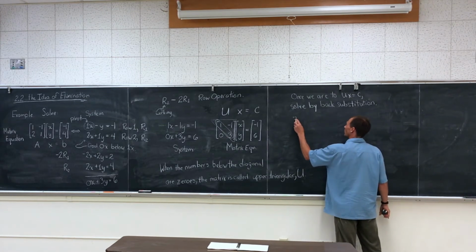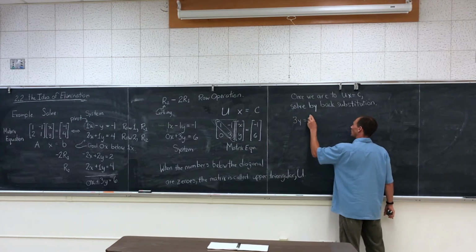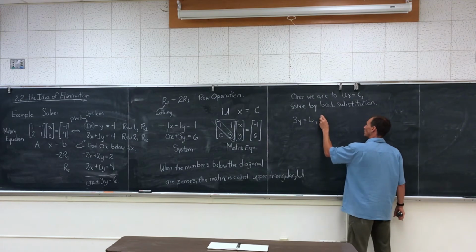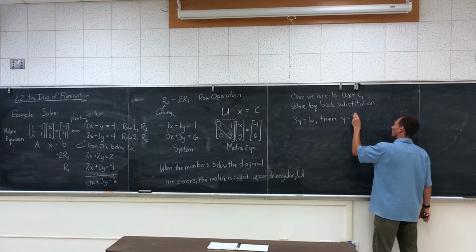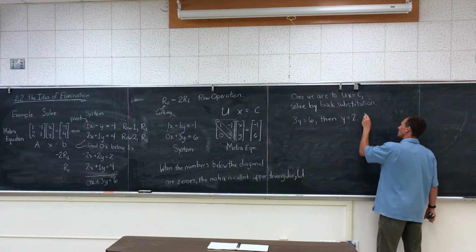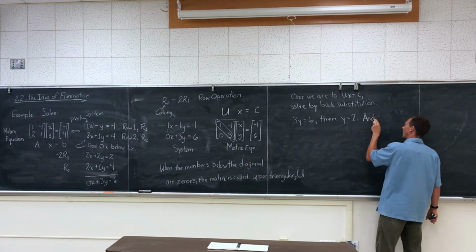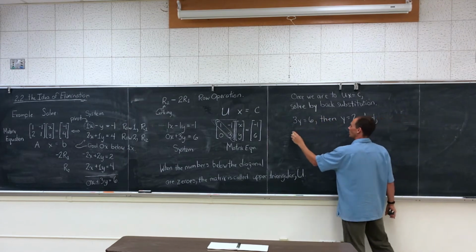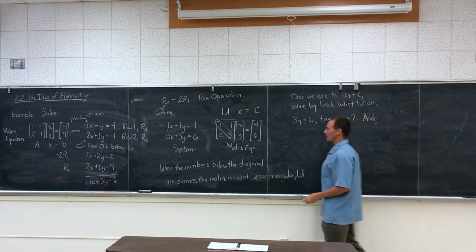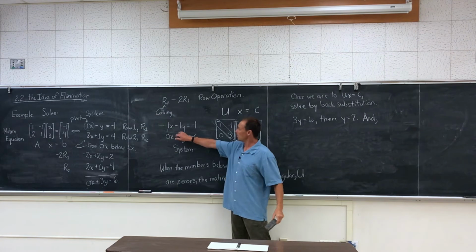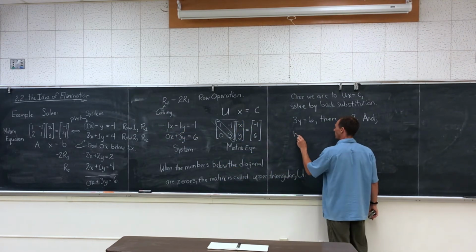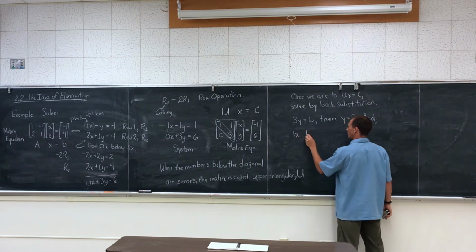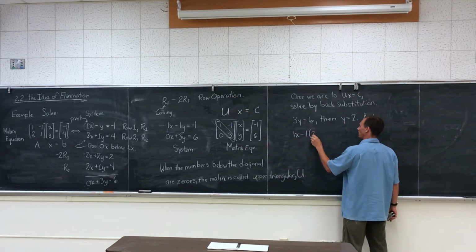So if we have 3y equals 6, well, we know what y is. So y is 2. And we can keep going. Oh, it gets better. And we just substitute. So this implies that if you look here, well, we know y. y is 2. So then 1 times x minus 1 times y, well, y is 2.